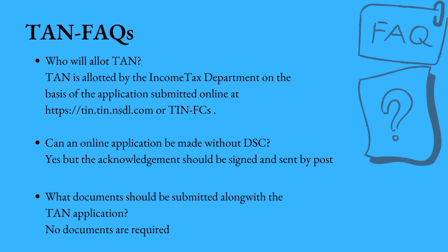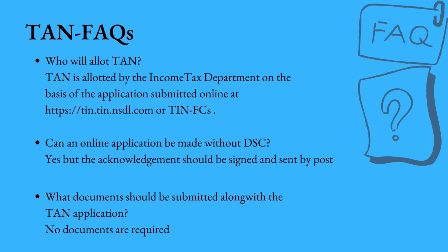Now we will see some of the FAQs with respect to TAN. First question would be, who will allot TAN? TAN is allotted by the Income Tax Department on the basis of the application submitted online at the NSDL e-Government TIN website. If you have filed a physical copy of the application, then it will be allotted by a TIN facilitation center managed by NSDL e-Government.